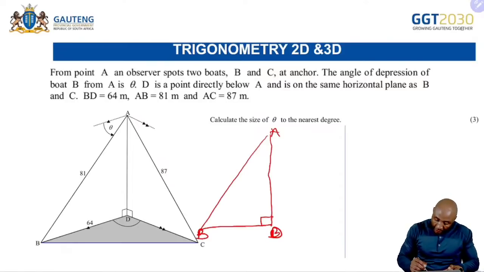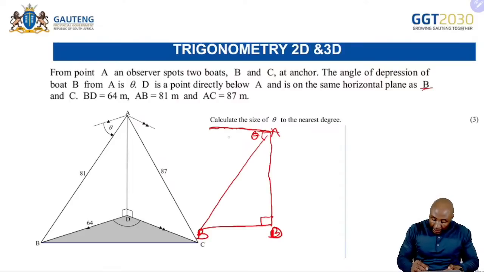They are saying the point D is directly below point A and is on the same horizontal plane with that. So BD is a straight line, and I know that for me to measure an angle of depression, this must be parallel to A for me to get that one as theta.